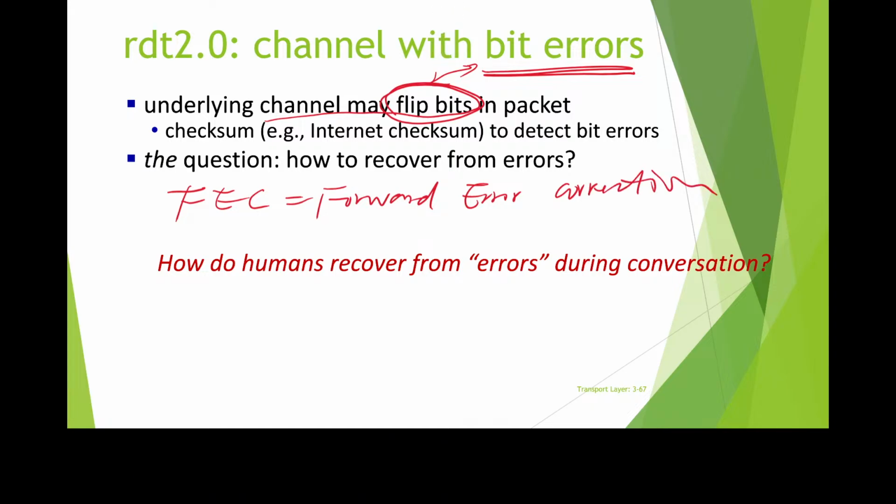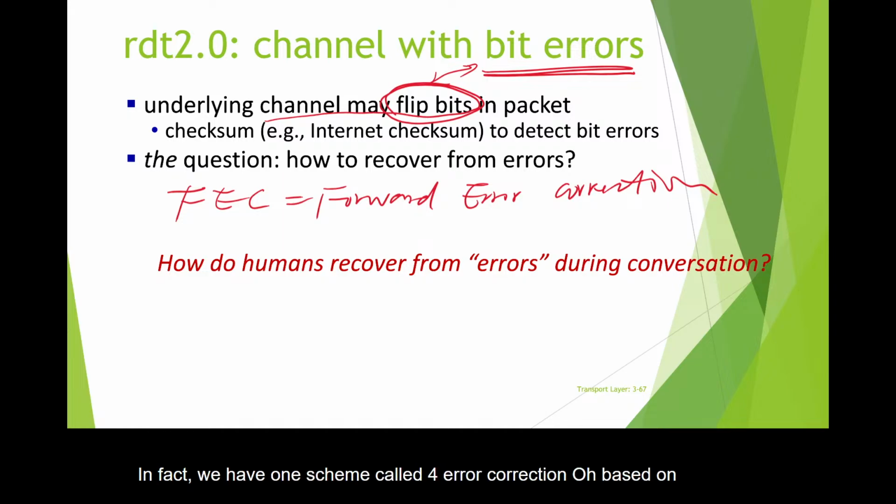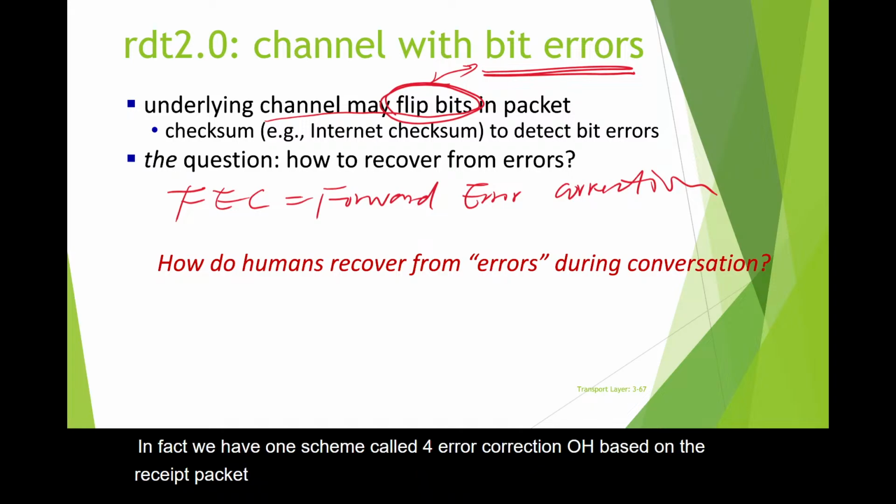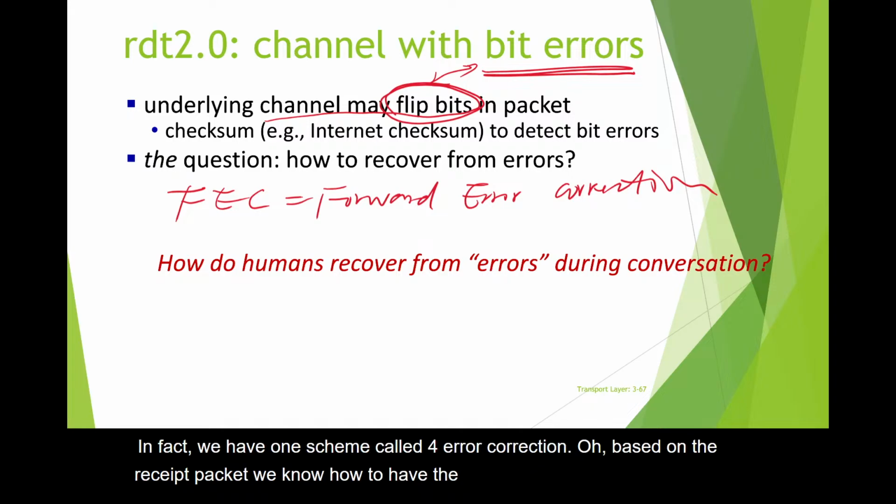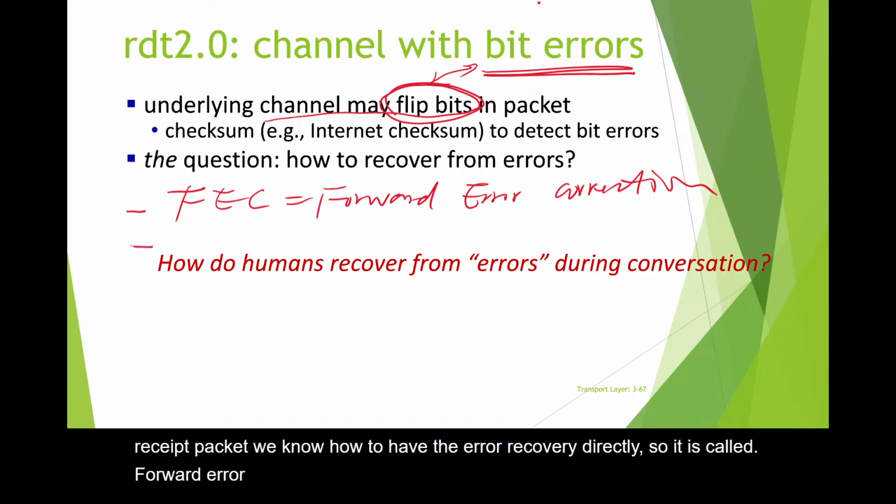In fact, we have one scheme called forward error correction. Based on the received packet, we know how to do the error recovery directly. So it is called forward error recovery, FEC. And then the next one is ARQ.